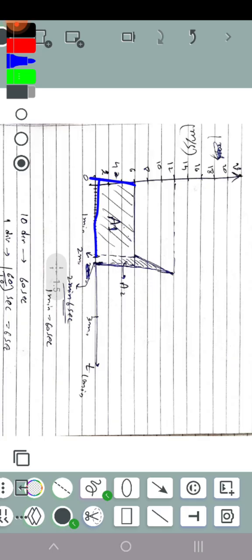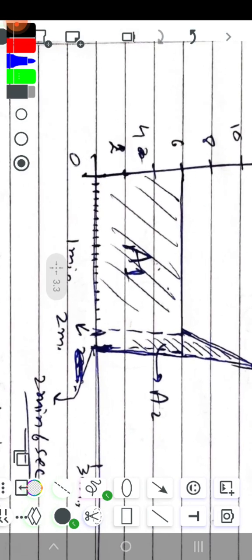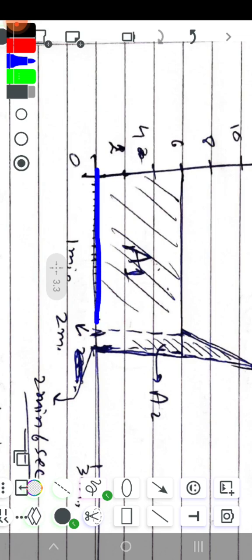It is told that for the first 2 minutes, the velocity of the car is maintained constant at 6 meters per second. Can you see that within the range 0 to 2 minutes, the velocity is not changing? Within this range, velocity is constant at 6 meters per second.